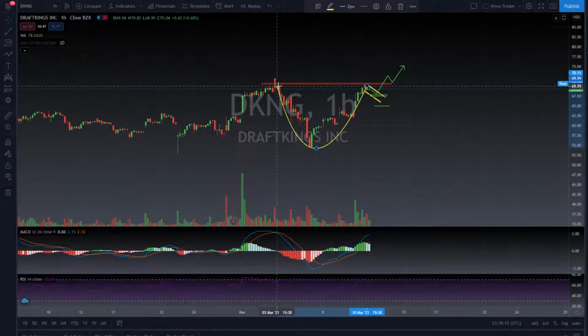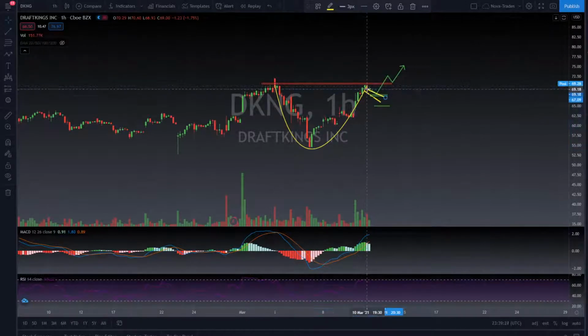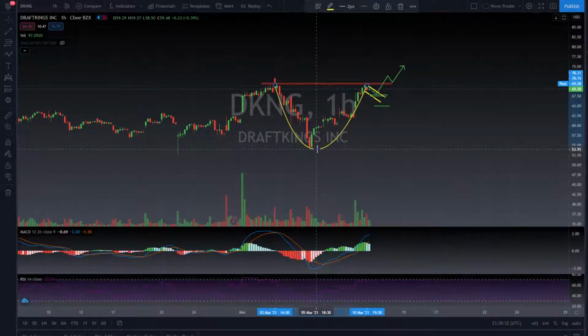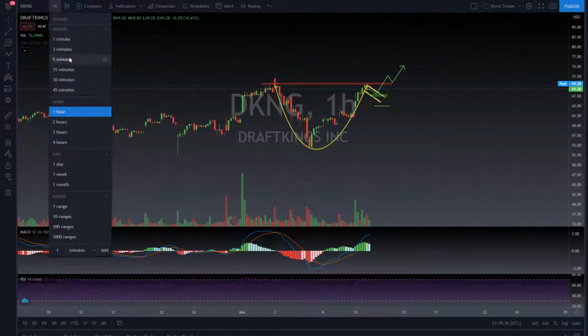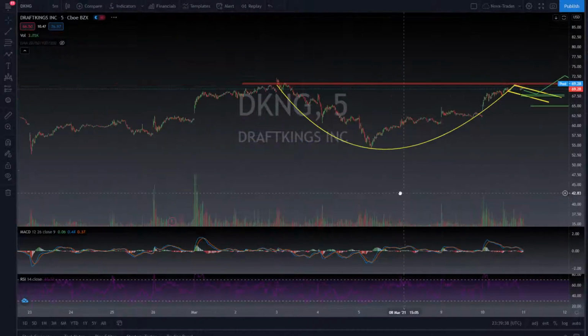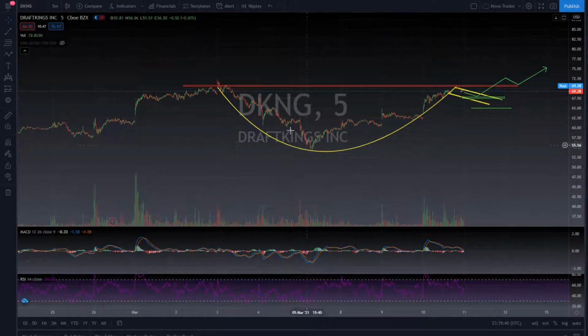I could make it into a trend line where it sort of comes down like this, but you can just make it however you want. It doesn't really have to follow any sort of trend, or touch the wall of the cup a specific amount of times. I bet if we went onto a lower time frame, like the 5 minute, we could make it to where it would follow some trend.